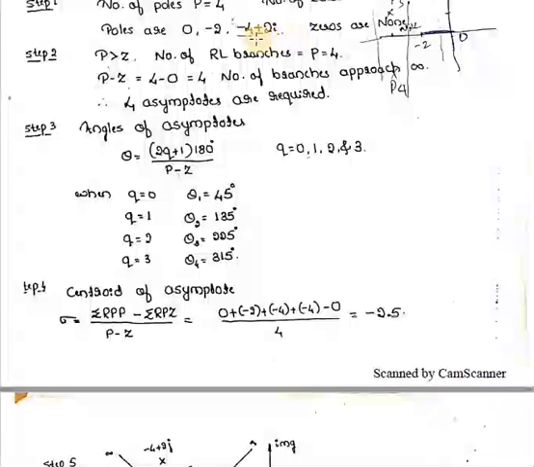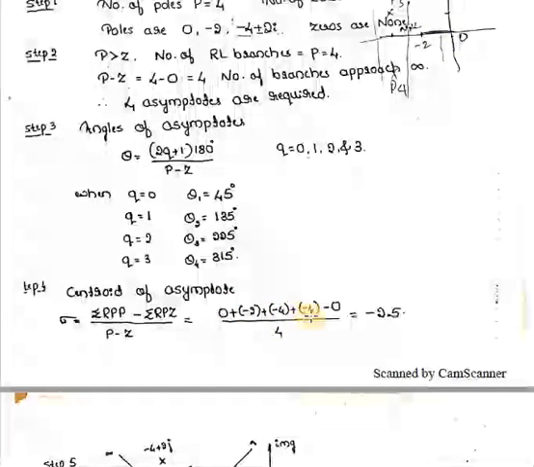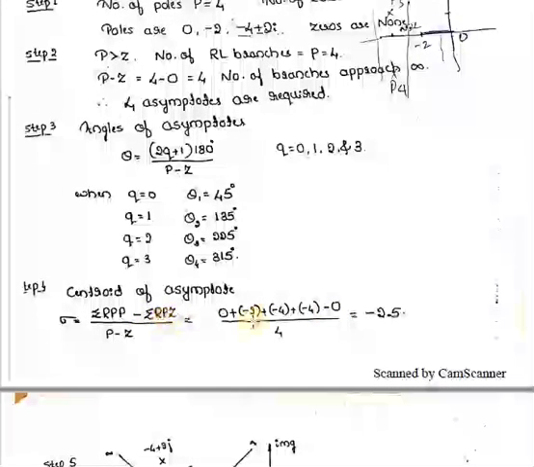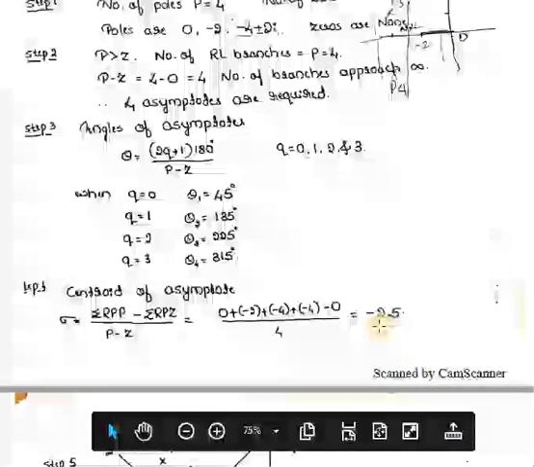Minus the real part of zeros, since there are no zeros, this is 0, divided by P - Z which is 4. So the centroid is -2.5.